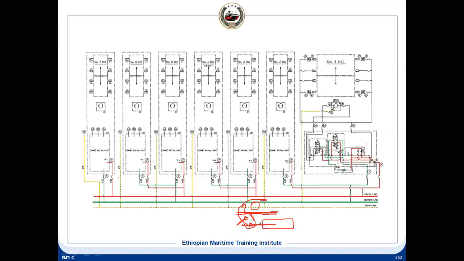Once it moves, the auto cleat will come to this and get locked. Then the auto cleat, with this pin and this pivot point, will lock the hatch cover so that it will not move upward or in any direction.